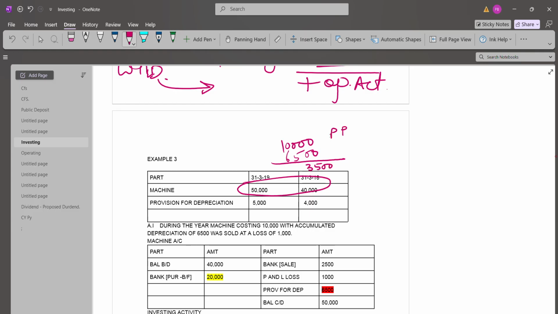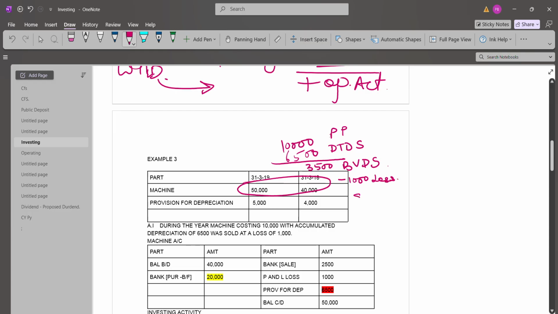This was the purchase price, remember last year's depreciation. Depreciation till date of sale is this much. This is your book value on date of sale. So book value on date of sale is 3,500. It is sold at a loss. So minus 1,000 loss gives me selling price as 2,500 rupees. So this is cash inflow due to investing activity.